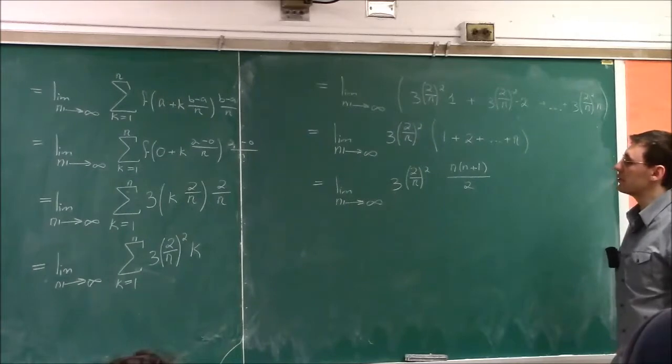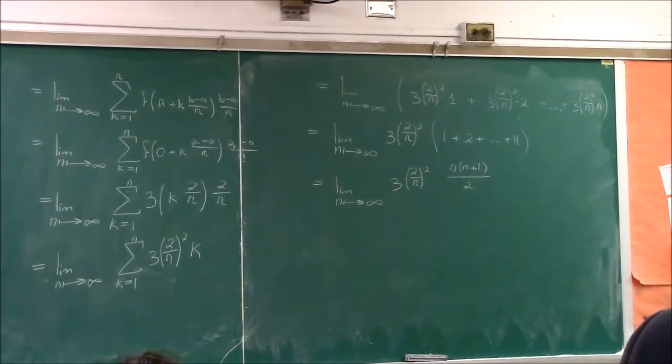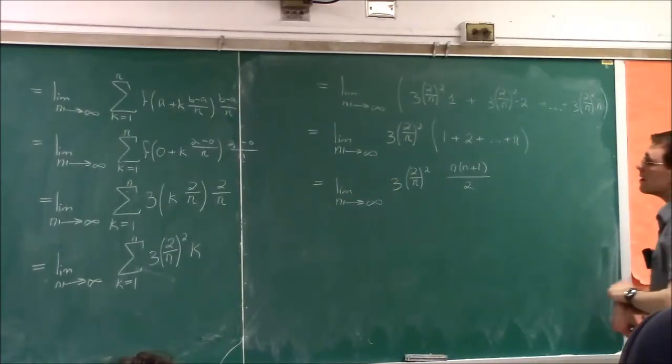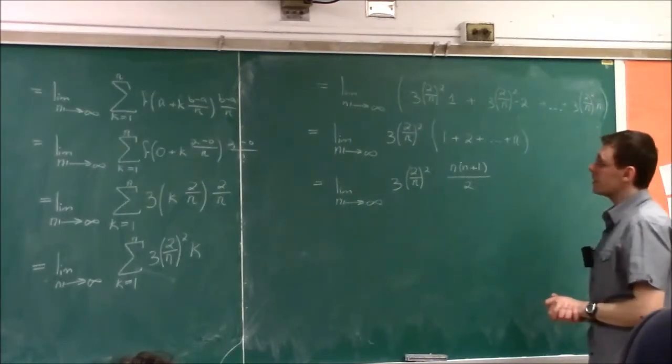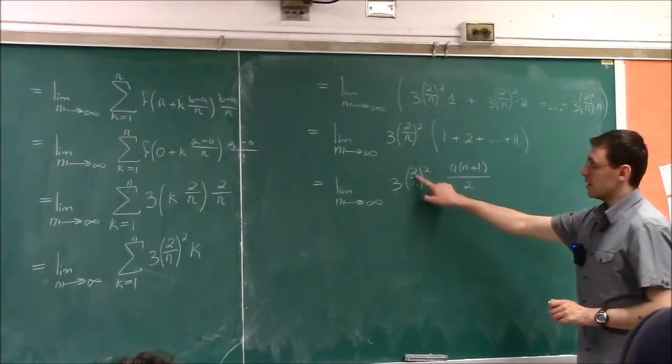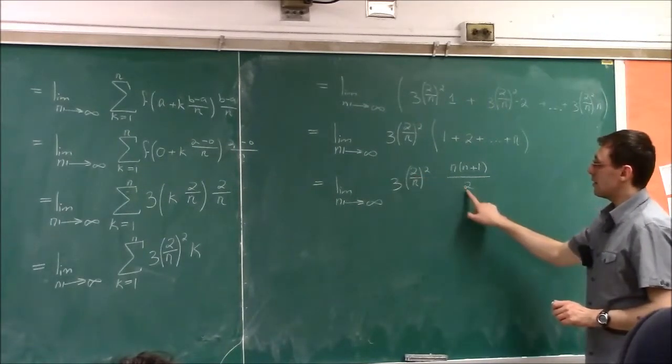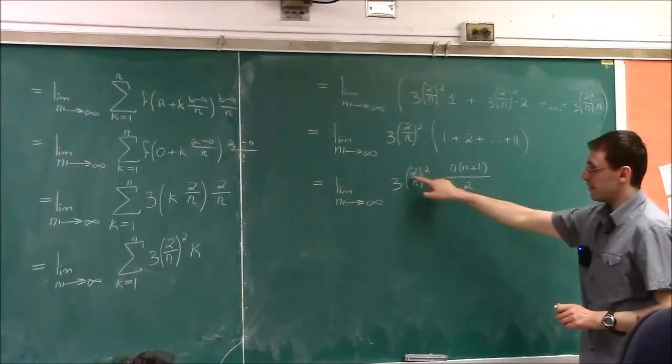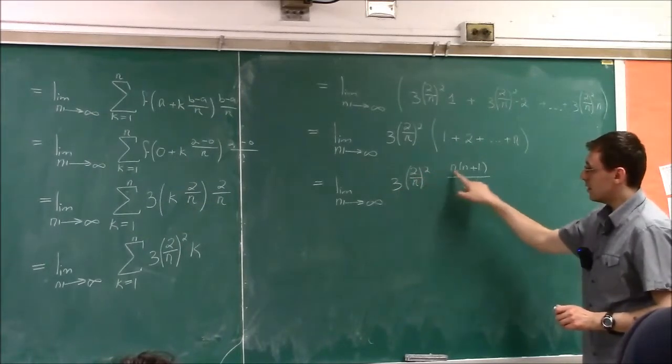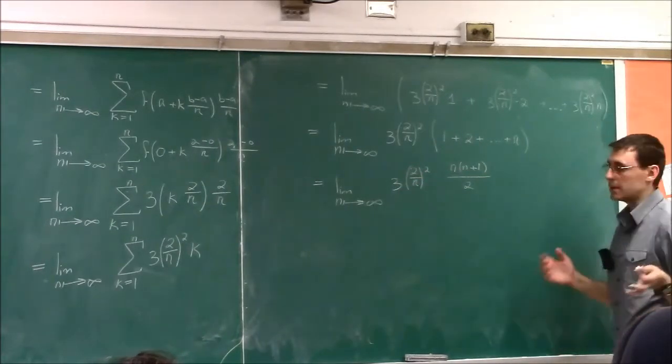What is the limit equal to? Just 6, very good. So this 2 squared cancels with this. So we have 3 times 2, and then everything else is just eliminated, right?